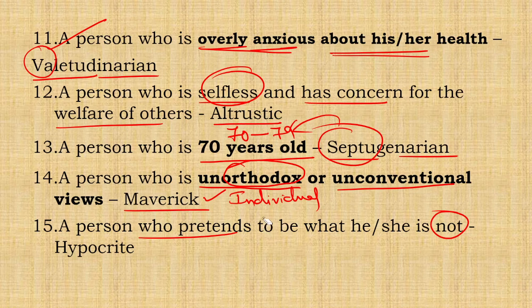But there are some people who tell others to follow, but they don't follow. That type of person is called a hypocrite, and that type of preaching or behavior is called hypocrisy. Here is a person who pretends to be what he is not. That means he says, I'm great, you also be like me, but he is not actually what he says. That type of person is called a hypocrite. That means he spreads false news.